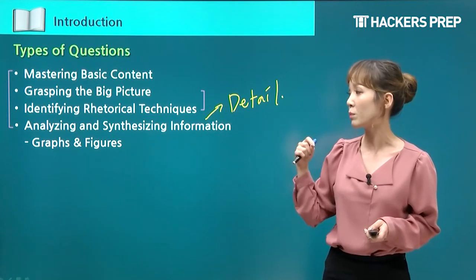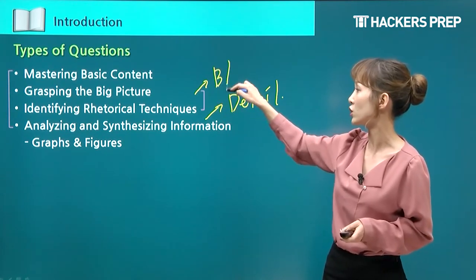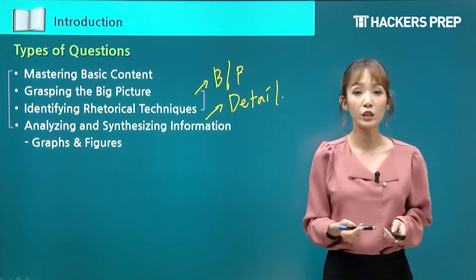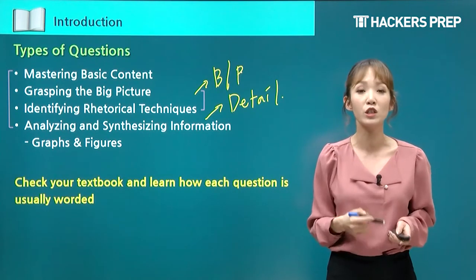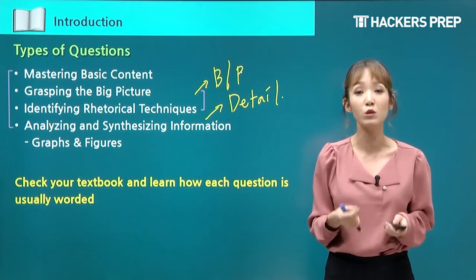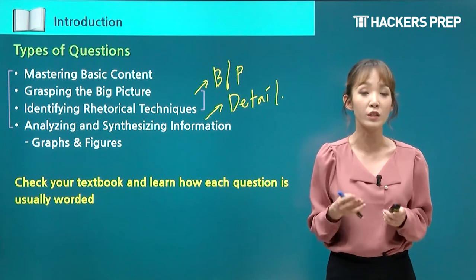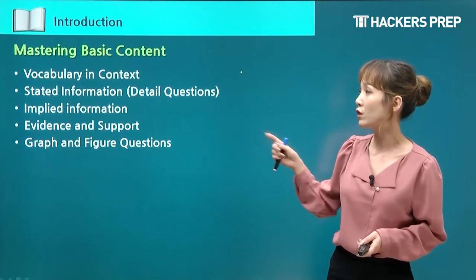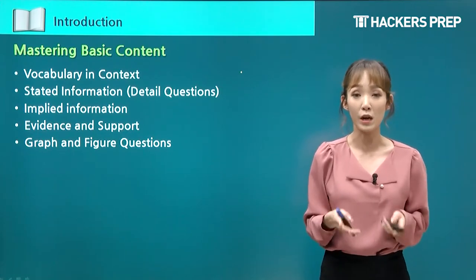Grasping the big picture and identifying rhetorical techniques, we will call big picture questions. Before you go into the next class, make sure you check your textbook and learn how each question is usually worded. So the next time you see a question, you will be able to correctly identify which type of question it is.